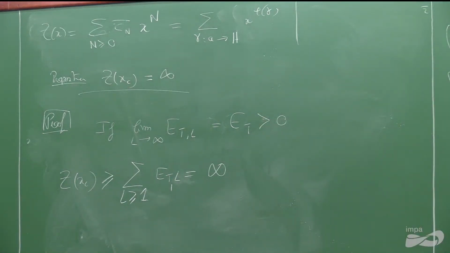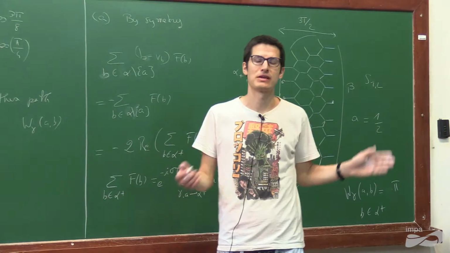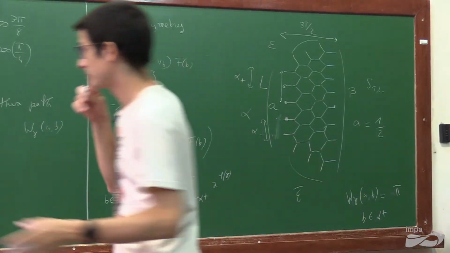For each value of L, I'm ending at different points, so I'm not counting paths twice.